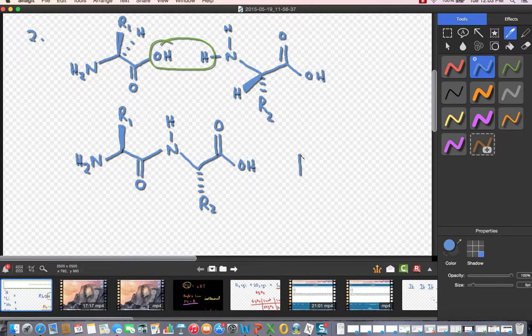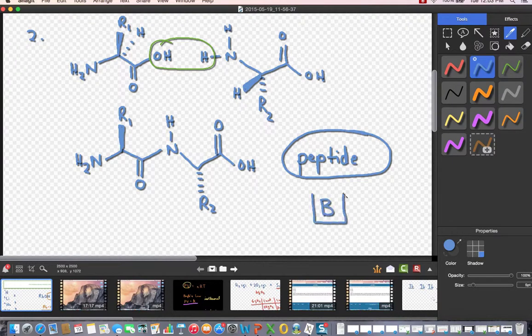So this is a peptide. Very stable functional group because it is the least reactive of all carboxylic acid derivatives. And peptide is credited response B on question number 2. Let's move on to question number 3.